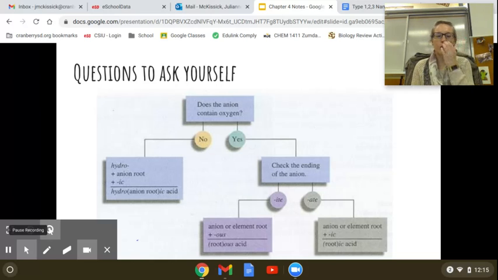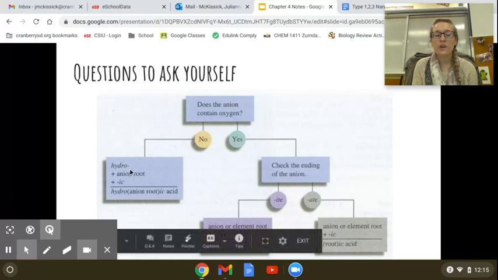So this one is just kind of a review flow chart to help you determine which way you're going to name your acid. So the first thing you need to be asking yourself is, does the anion contain an oxygen? If it's a no, it's going to fall under that first rule, and we're just going to add hydro to the anion root name and ic to the end of it.